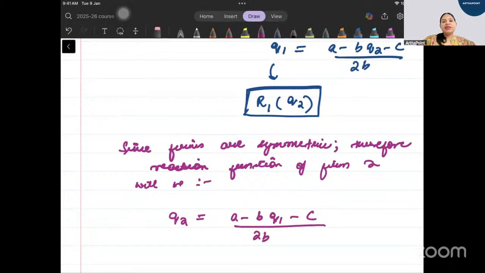Q1 will be replaced with Q2 and Q2 will be replaced by Q1. Just simply write that. That is enough. You don't have to really solve for it. Okay. Solving the two simultaneously. Solve them.